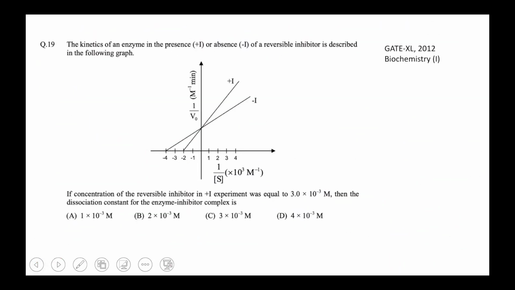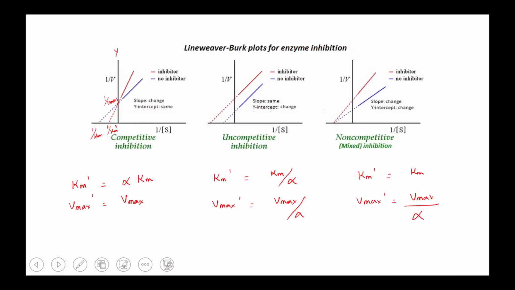Here, the kinetics of an enzyme in the presence or absence of a reversible inhibitor. It is talking about a reversible inhibitor, either of the three: competitive, non-competitive, uncompetitive. Seeing the graph, you should know which reversible inhibition is taking place. Here the y-intercept is the same, which means the Vmax is not changed. Out of the three, in two of them Vmax is being changed, but not in this one.